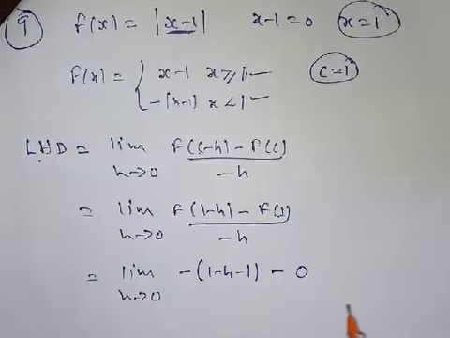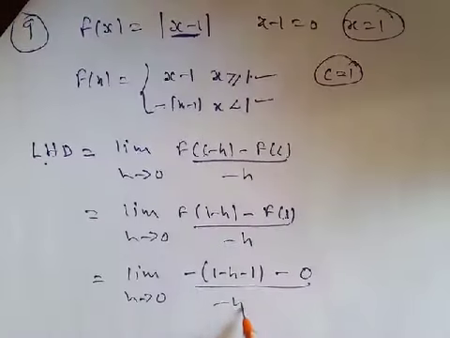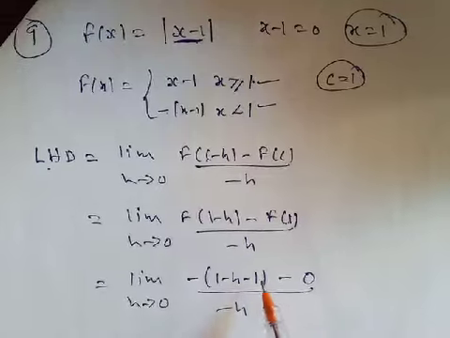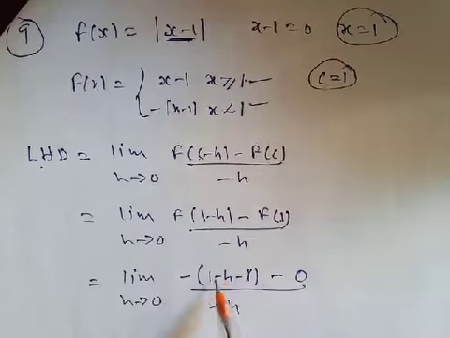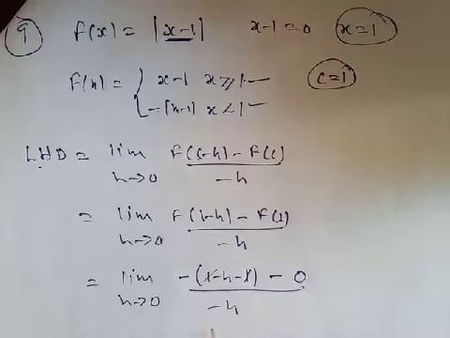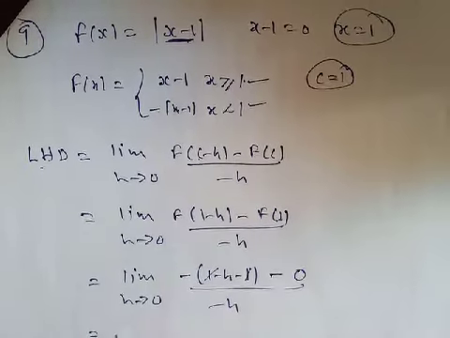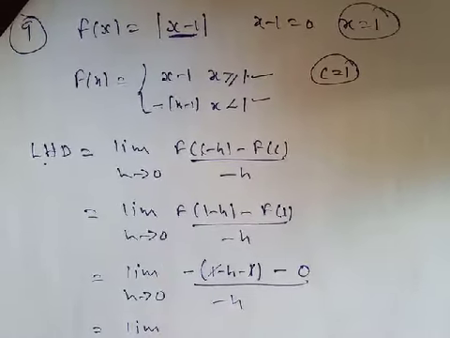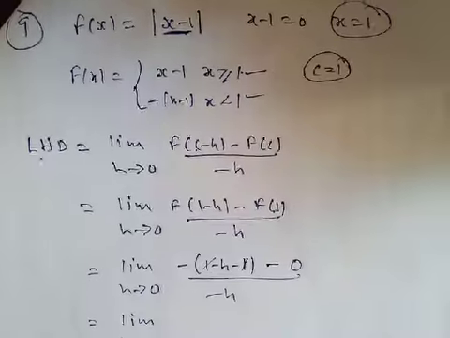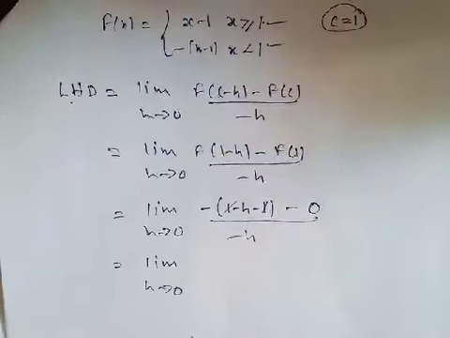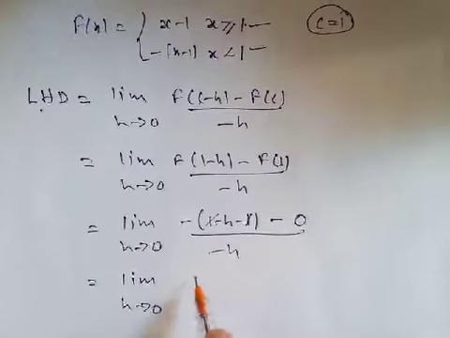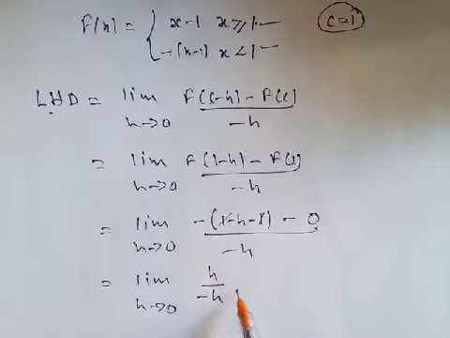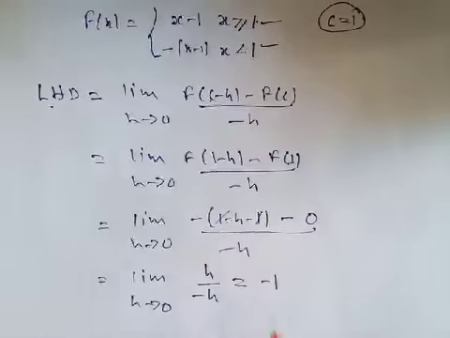So it will be minus 0, or 0, minus of h. Minus h and plus h will cancel out. Minus and minus will be plus. So limit h tend to 0, h upon minus h, so it is equal to minus 1.